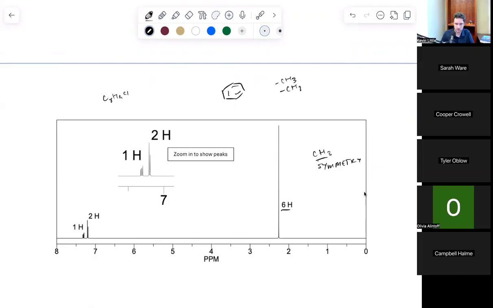I've got to put these somewhere, so that I've already accounted for all 8 of my carbons. Then I look at the benzene peaks. I have 3 benzene peaks, which means that I have a tri-substituted benzene. So I have 3 things on benzene, somehow, some way.